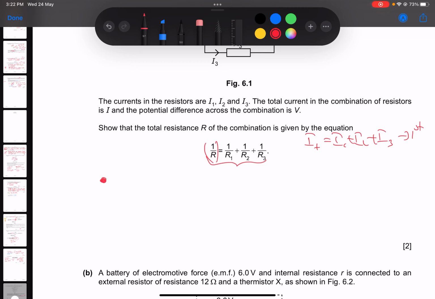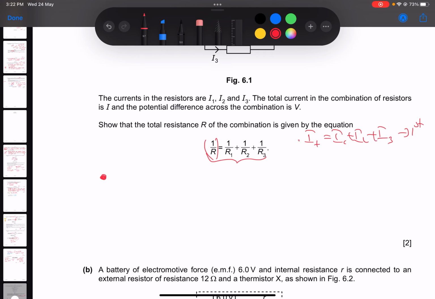So simply we have to combine Kirchhoff's first law and Ohm's law, right? Do you remember Ohm's law? Resistance equals V over I, right?